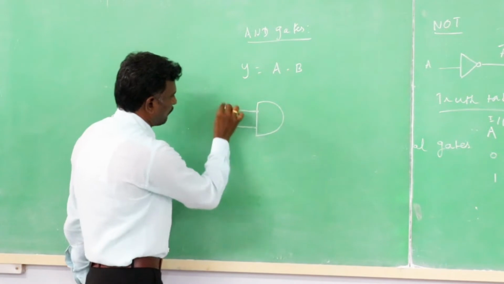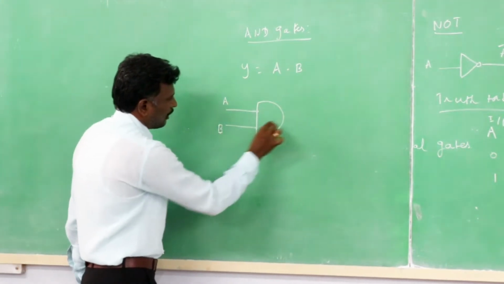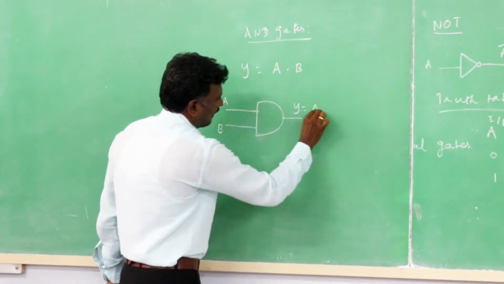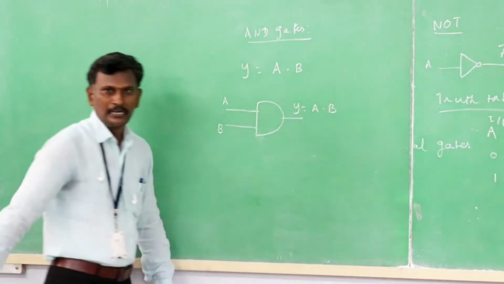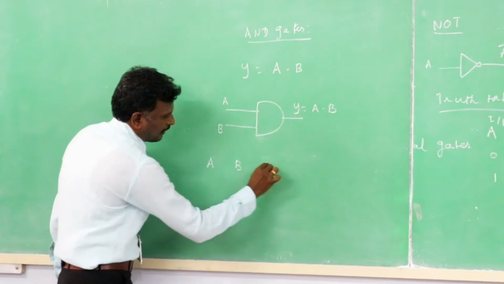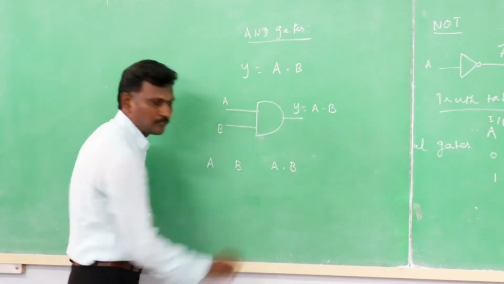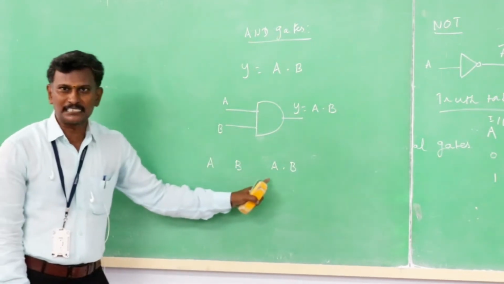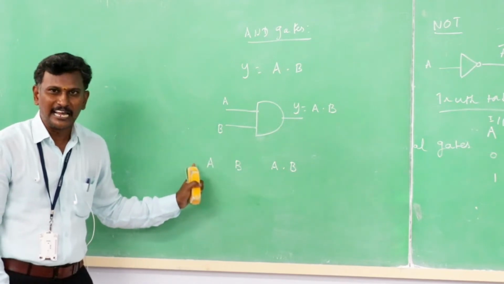It has two inputs A and B, output Y equal to A dot B. The truth table represents the relationship between input and output.